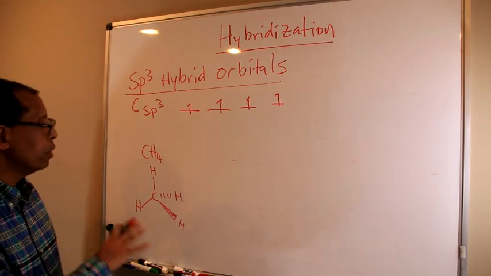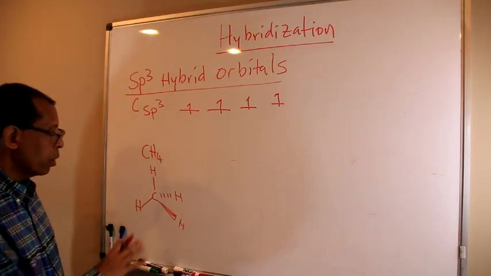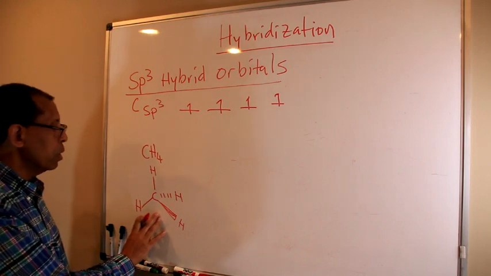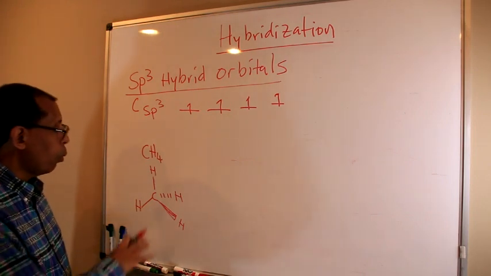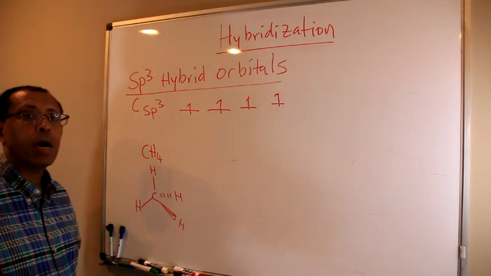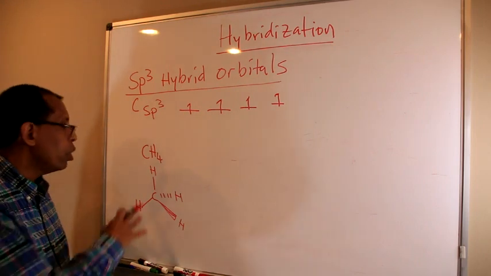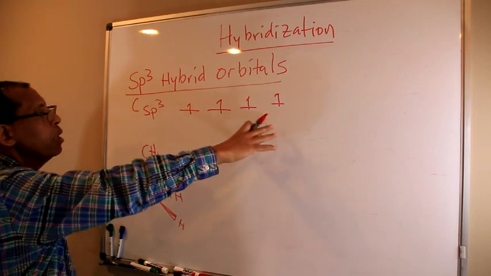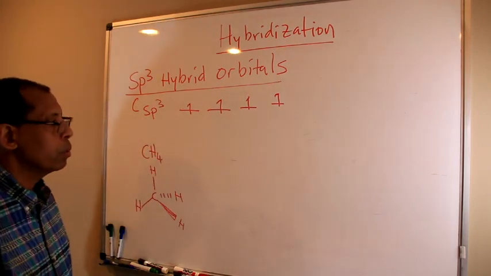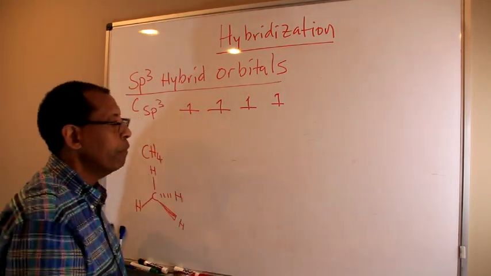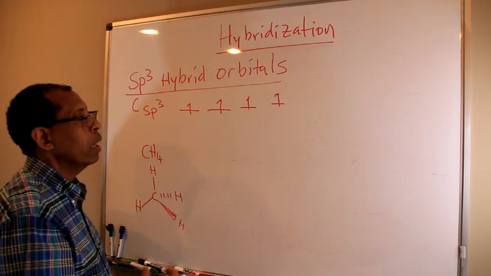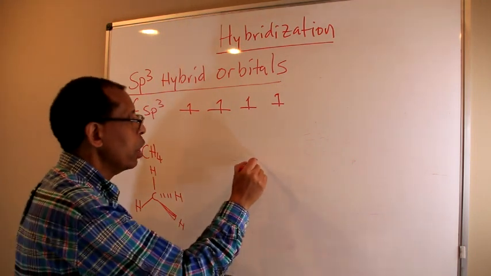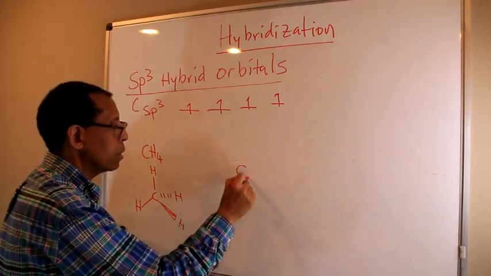When I was discussing tetrahedral shape, this was my discussion earlier. So the sp3 orbitals are actually the ones which are shown here. So let me draw the sp3 hybrid orbitals. They are made of 1s and 3 of the p, and their shape looks like this.